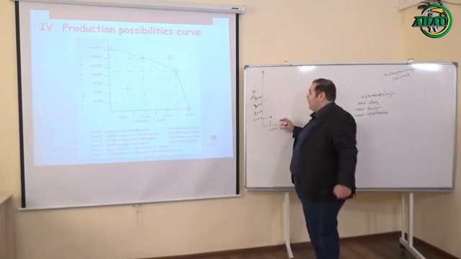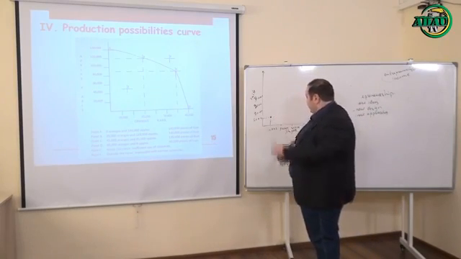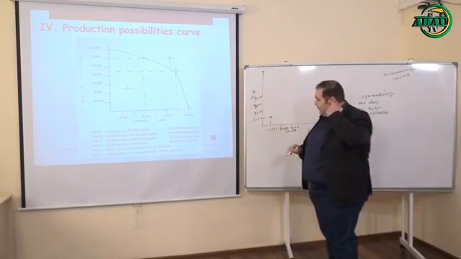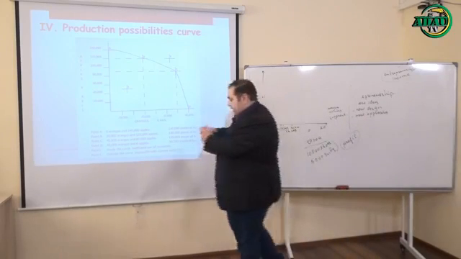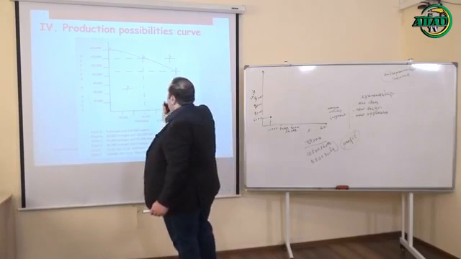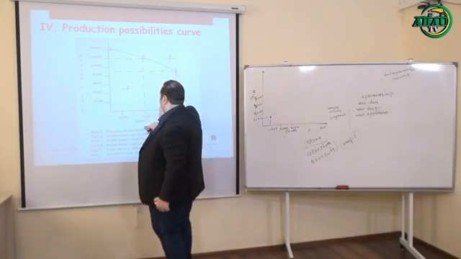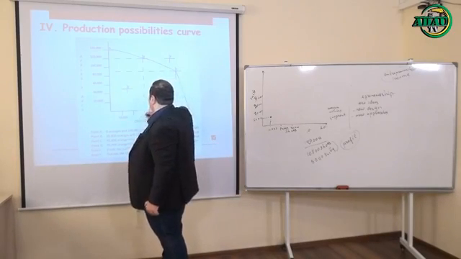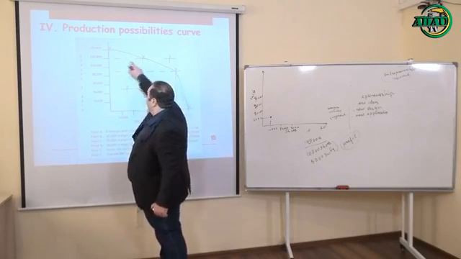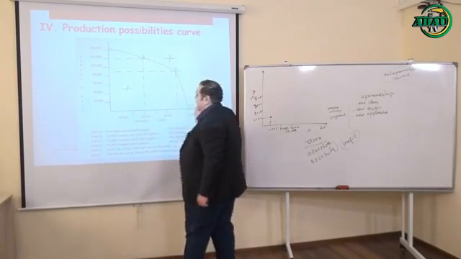And here is my point. This point means that my resources are the combination of 20,000 oranges with 120,000 apples.